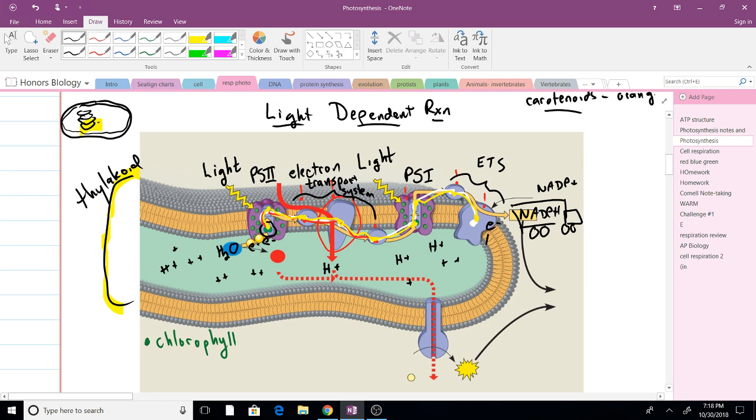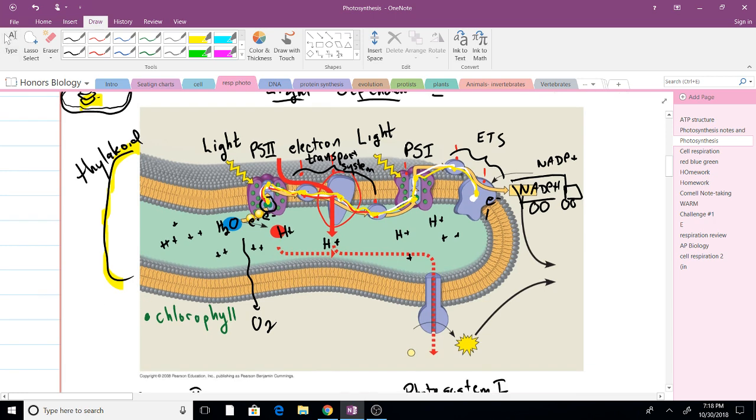So we get a couple of electrons. We've got oxygen gas that will just escape. And then we've got some hydrogens, which are going to be used in the same way that all of these other hydrogen ions are going to be used.